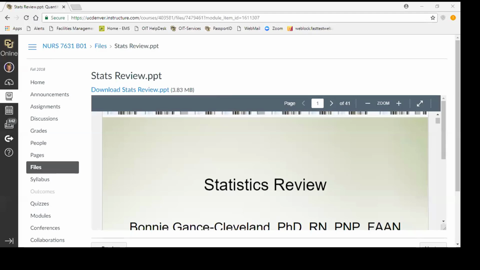So you might look at the post-test minus the pre-test, and you can calculate the standard deviation of the change score.